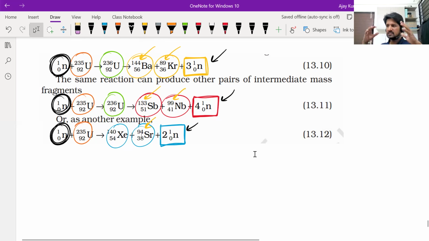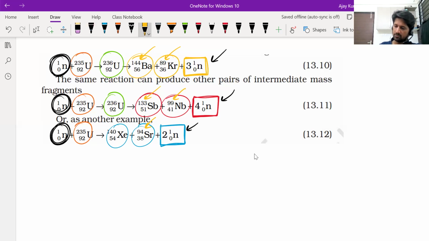So suppose there is a certain amount of mass of uranium 235 in a nuclear reactor and you introduce some neutrons into it. The reaction will get started and the reaction will continue till all the uranium 235 is exhausted. Why? Because after every step of the reaction, new neutrons are formed. They will go and collide with other uranium nuclei and the reaction will continue. But there is a problem. In fact, there are multiple problems.